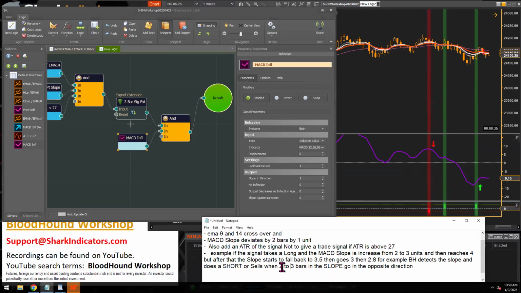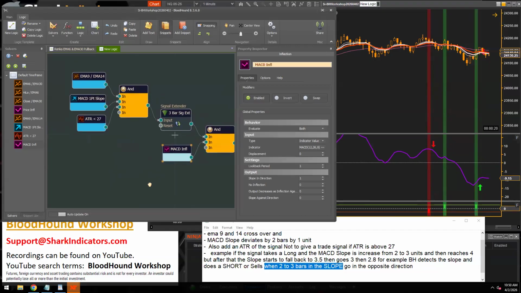But it does say we need 2 or 3 bars of that MACD continuing to reverse. So that means we'll, let's see, so we do have a slope solver, making sure that the MACD is sloping by at least 1 point.